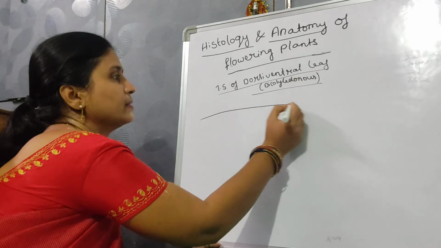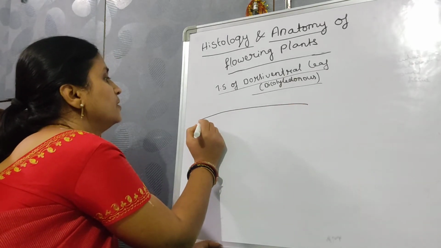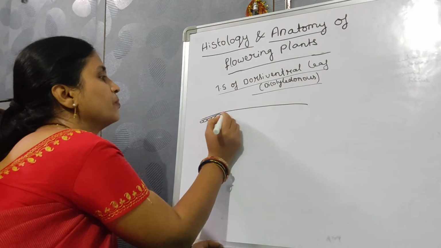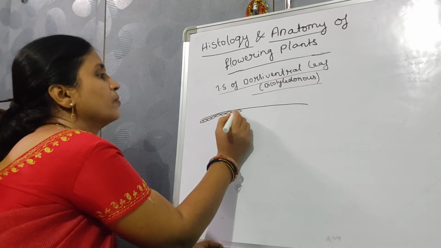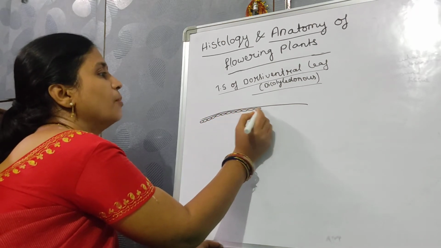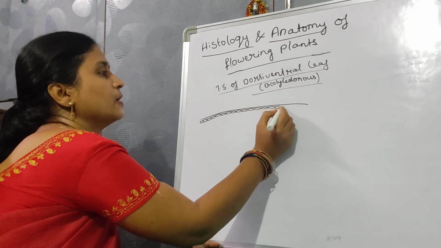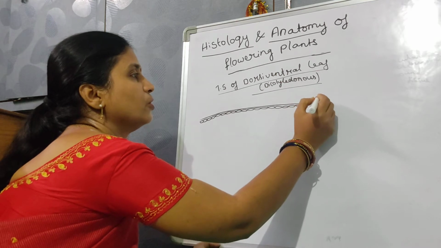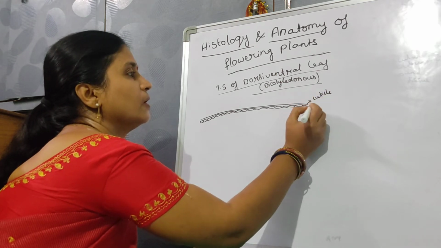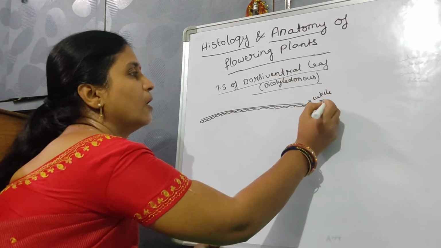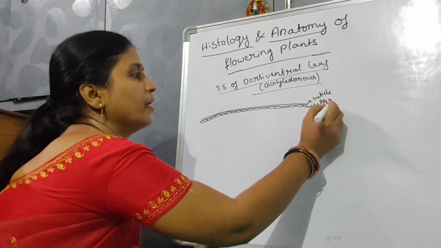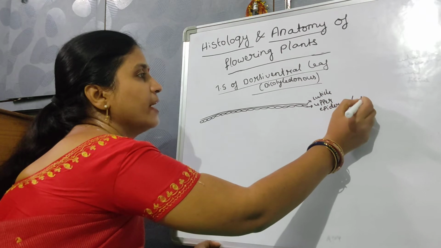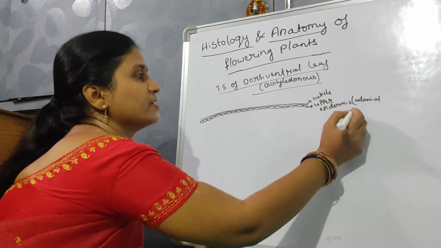This is the cuticle. This is the epidermis. This is the upper epidermis, also called the adaxial surface.